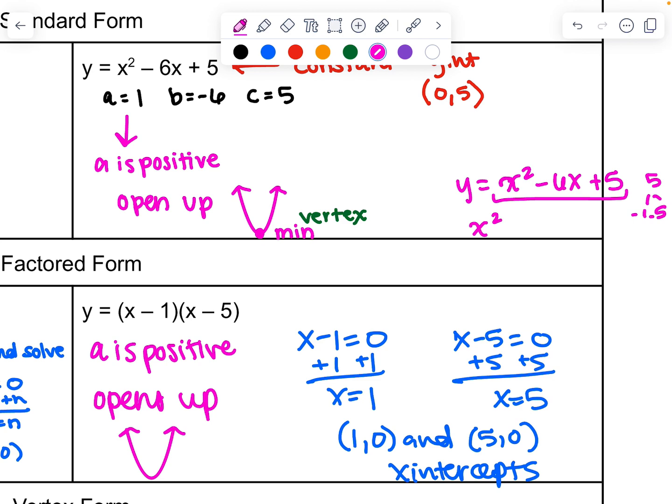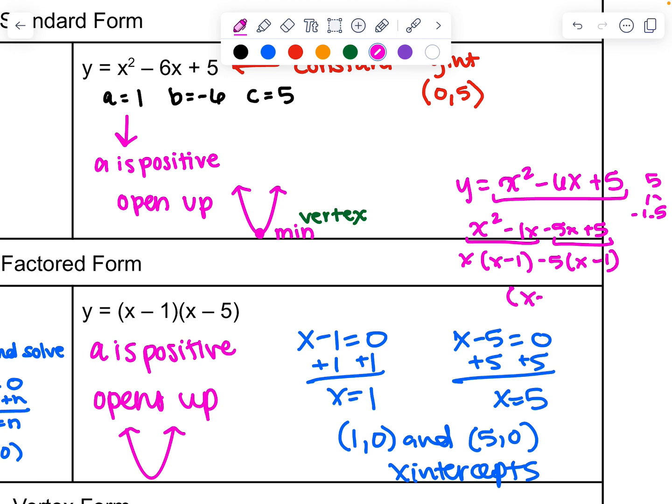So I would rewrite this as x squared minus 1x, or excuse me, not minus 1x, minus 5x plus 5. I'm going to take the GCF out of each group. x times x minus 1. The GCF of my second group is going to be negative 5 because it leads with a negative, so we factor the negative out. So I have x minus 1.